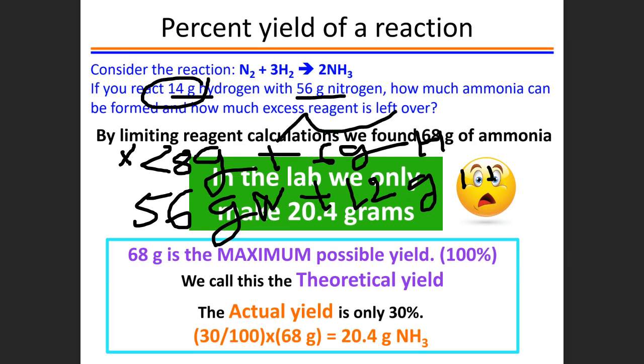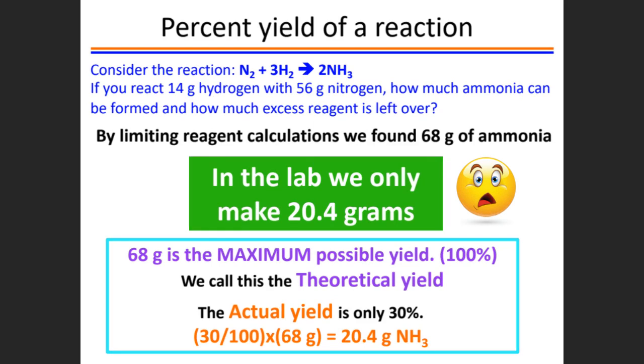So still I find out by shortcut that nitrogen will be the limiting reagent. Got it? This is also one way to find out. This is an alternate way, okay? But let's see how we will do according to our rules. By limiting reagent calculation, we found 68 gram ammonia.